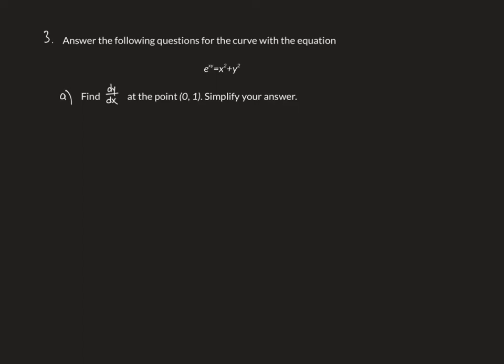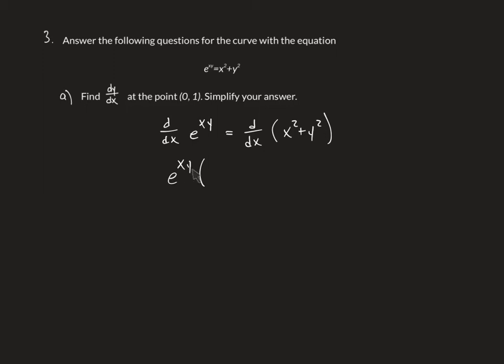So when I differentiate the left side of the equation, dx of e to the xy power, and I differentiate the right side of the equation, I have to keep in mind that x is a variable. When I take the derivative of e to the any power, that's just itself, right? So I have e to the xy. But there's a chain rule here because there's a function in that exponent of e. So I have to multiply that by the derivative of this function.